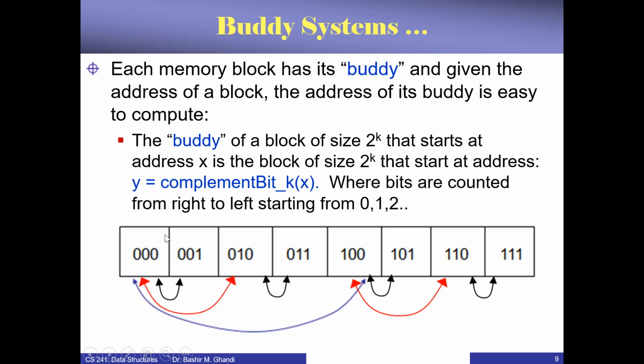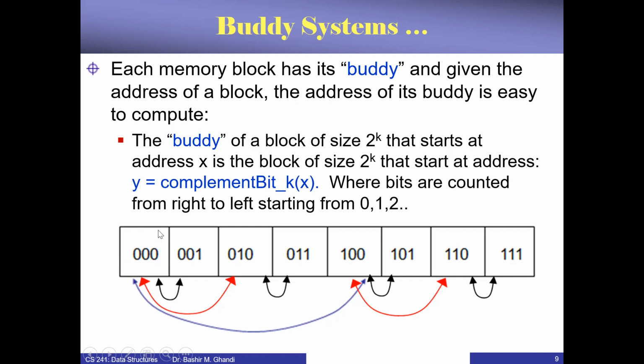Suppose you are considering a block of 1 byte, so only this 1 byte, and its address is 000. The question is, what is the address of the body of this block?